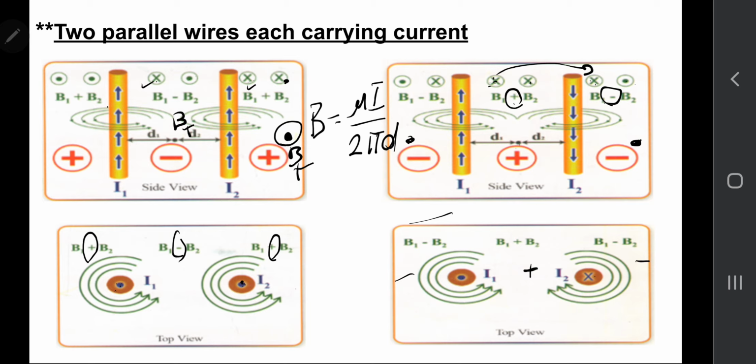Then we calculate BT, the total magnetic flux density, according to the direction of the magnetic flux density of each wire. لو الاريا اللي أنا بتكلم عنها المagnetic flux density فيها in same direction بعمل plus, in opposite direction بعمل minus. Thanks and goodbye.